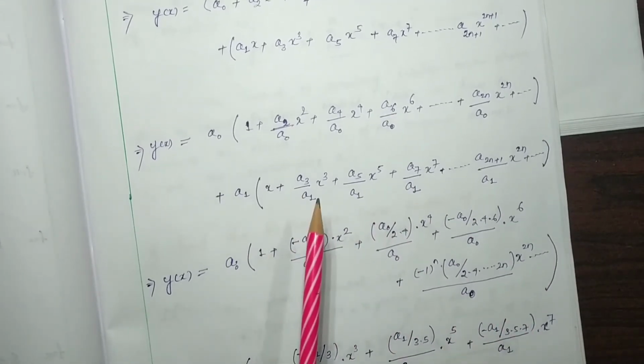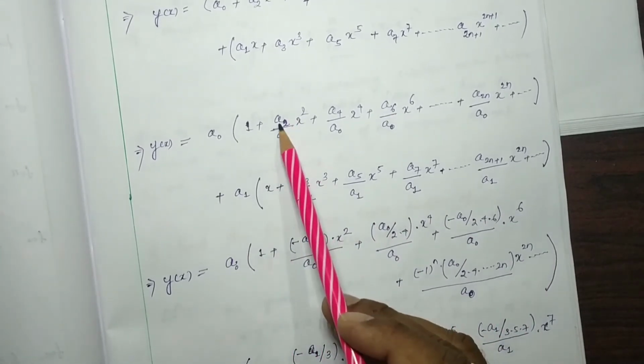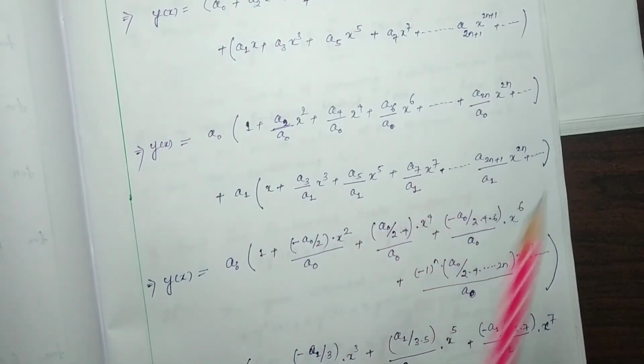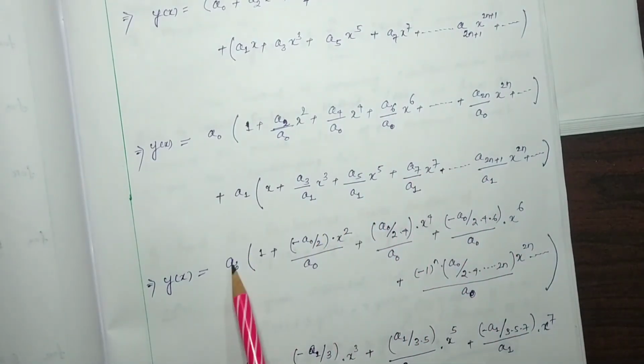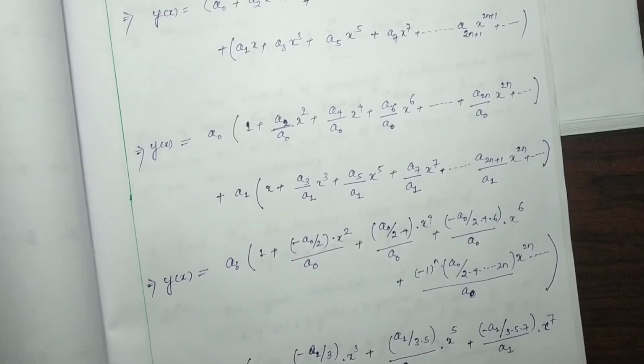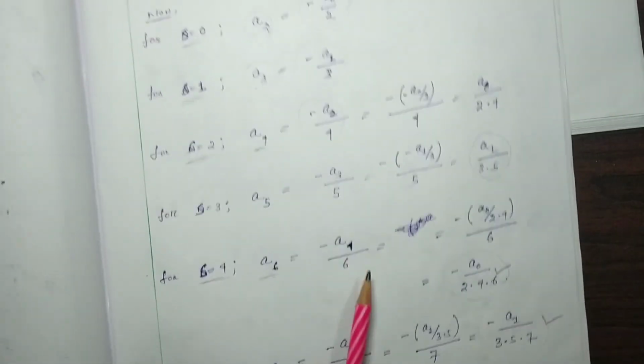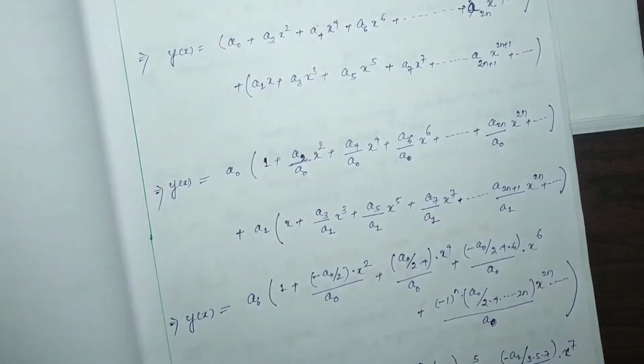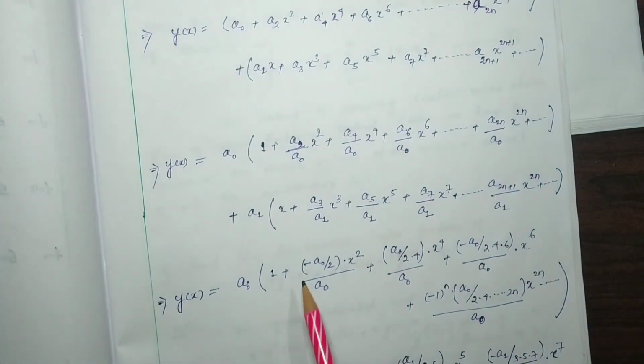Now we have to substitute the values of a2, a4, a6 and a3, a5, a7 and so on. We have all the coefficient values, and only have to substitute them in their place.